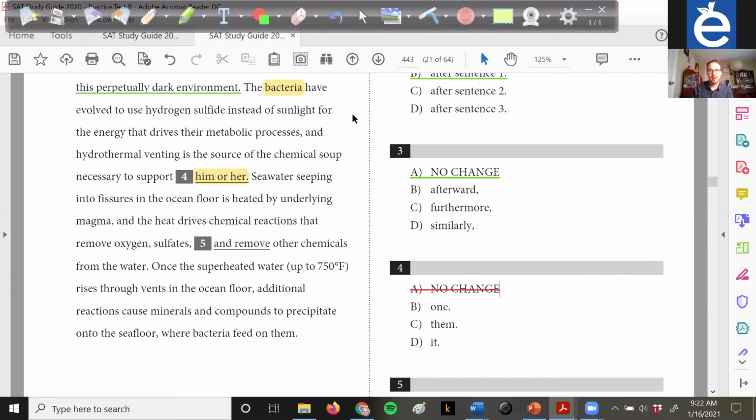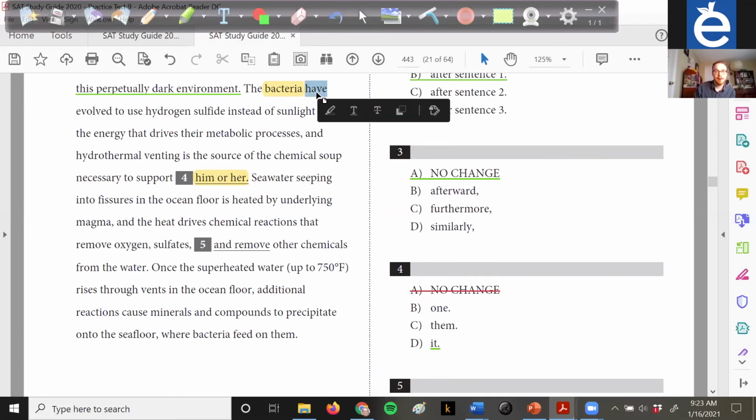The bacteria have evolved to use hydrogen sulfide. Now, "it" would be tempting because we definitely think of bacteria as an it, but bacteria is actually a plural noun, as we see here: bacteria have evolved, not the bacteria has evolved.